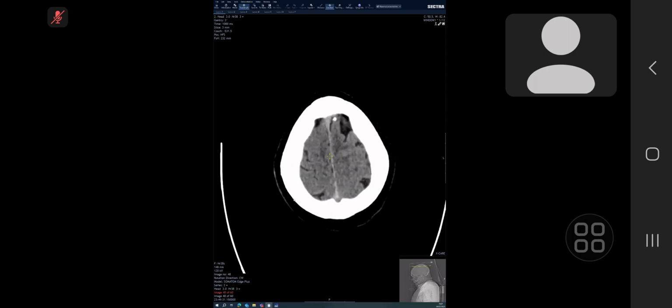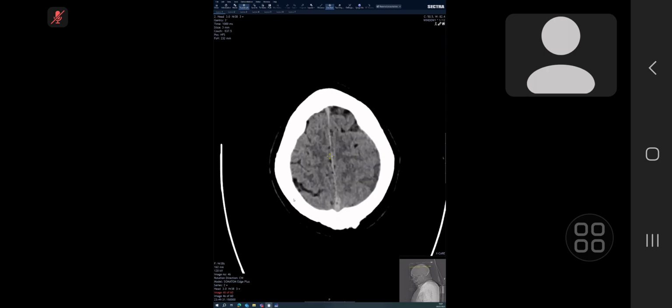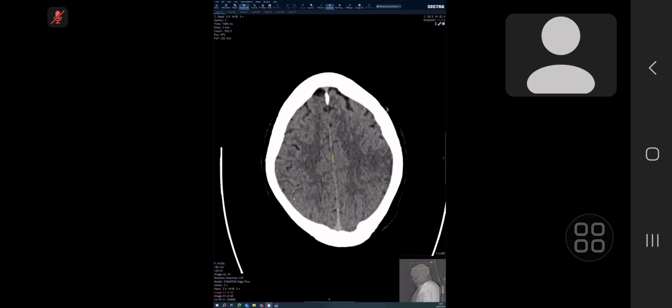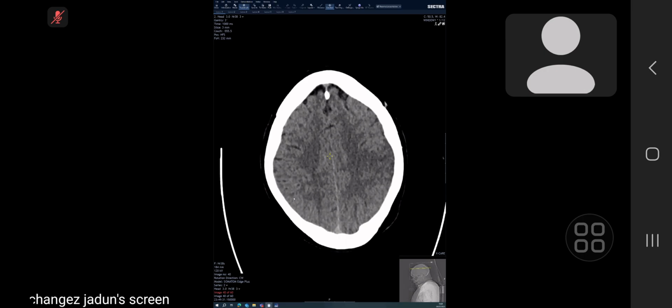So there is no parenchymal abnormality on the CT scan in these images.